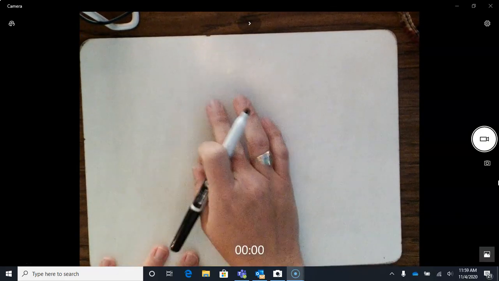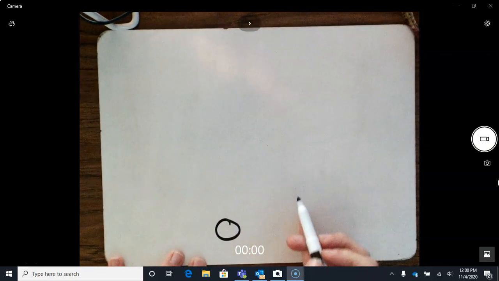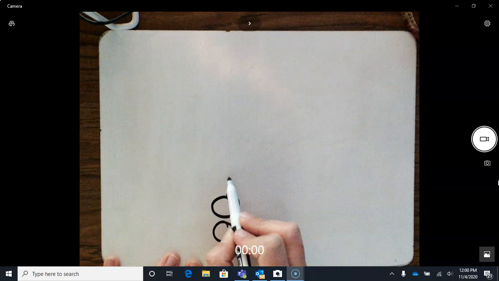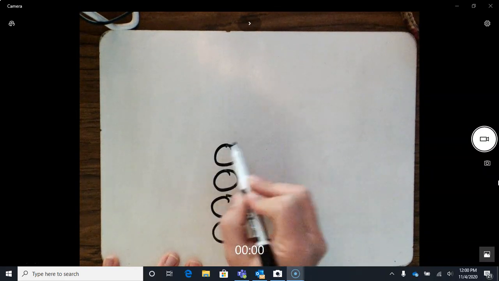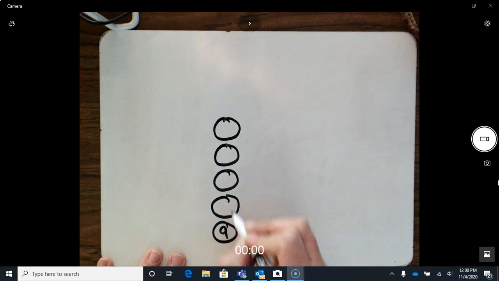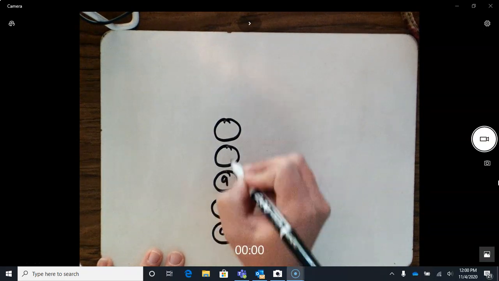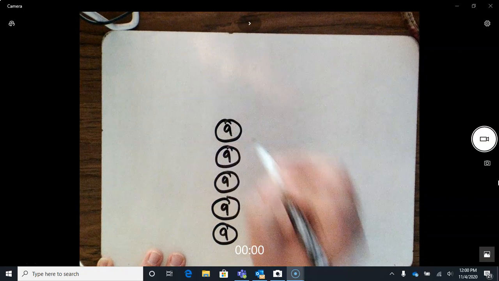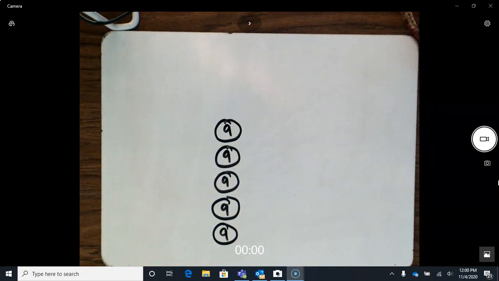Let's draw a picture like we just did for 5 times 7, but this time let's do 5 times 9. So let's draw 5 circles. These are going to show our 5 groups. And instead of putting 7 in them, we're going to put 9, because we're doing 5 times 9. So 5 units of 9.